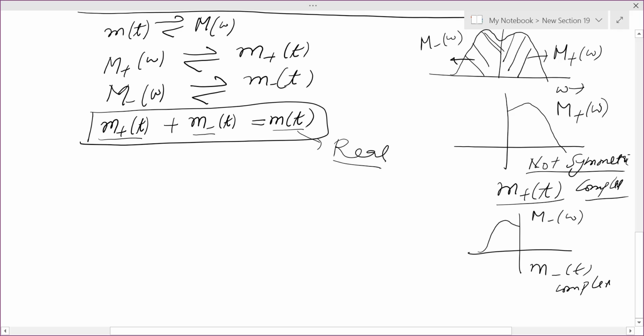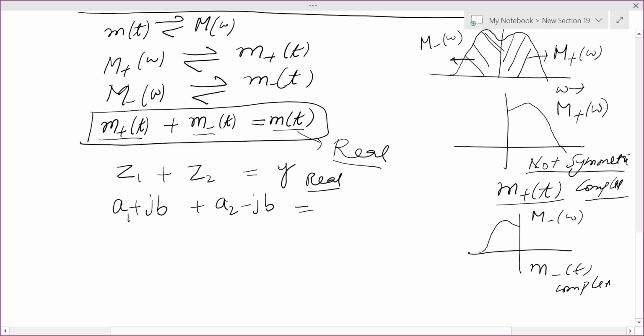If you have a complex number z1 and another complex number z2 such that when you add them up you get a real number, suppose y, what type of complex numbers will they be? If z1 is of the form a1 plus jb, then z2 has the form a2 minus jb. The imaginary parts should cancel, so that a1 plus a2, the sum, is real.